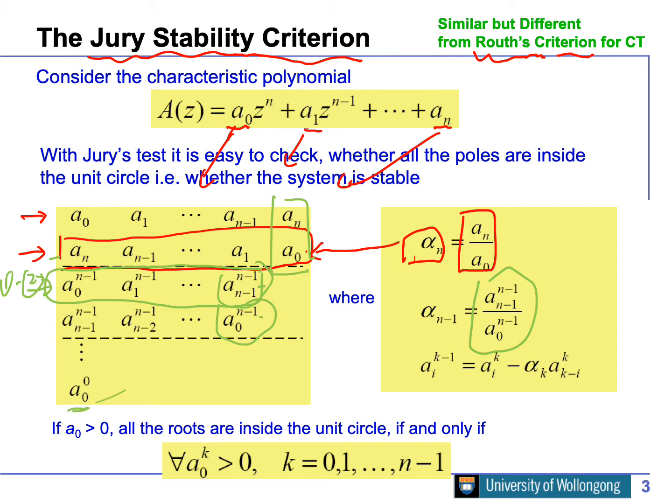And the rule to check if the system is stable or not is very simple. You just look at A0, all the A's at the beginning. If all the A's at the beginning are positive, then the system is stable and all the roots are inside the unit circle.